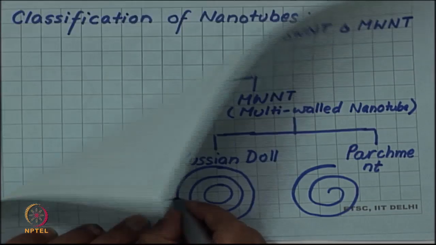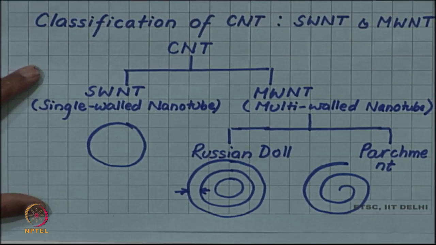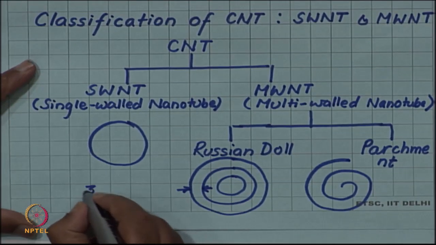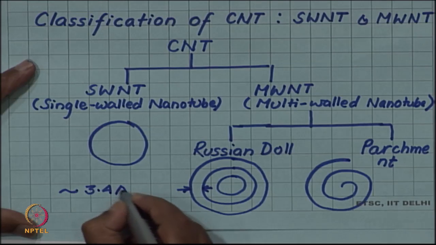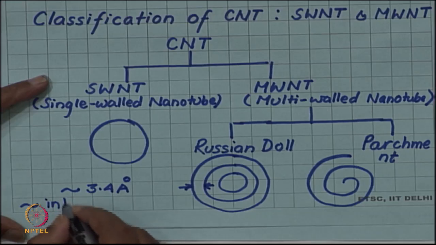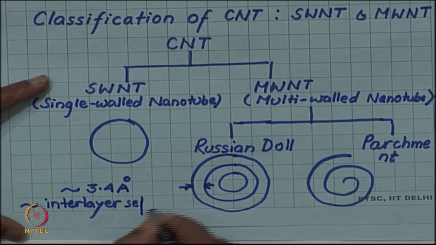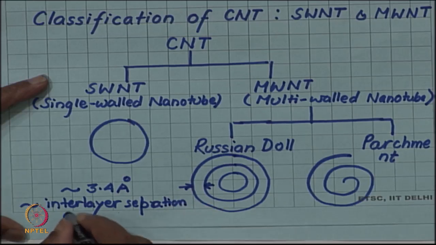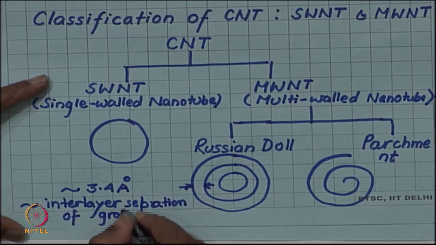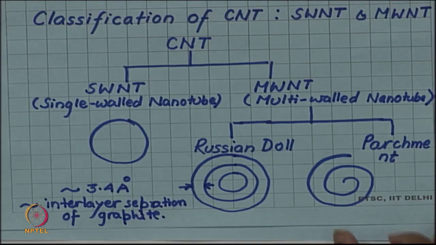The intertube distance in the case of a multi-walled tube is about 3.4 angstrom, which is the same as the interlayer separation of graphite. So, you can think of it as a curved graphite instead of flat graphite.